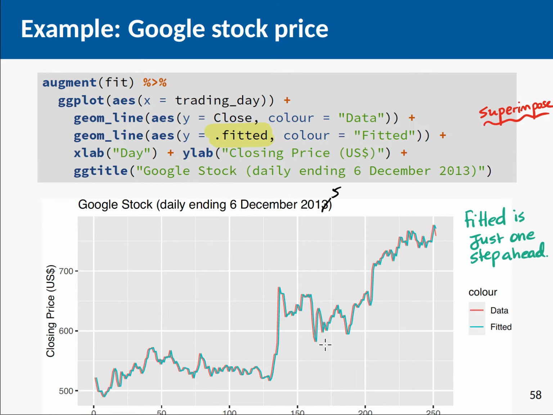And this is not surprising based on how fitted values are defined. Fitted values take the information until time t minus 1 and produce a forecast for the next period. And the forecast for the next period is just the previous day's value.